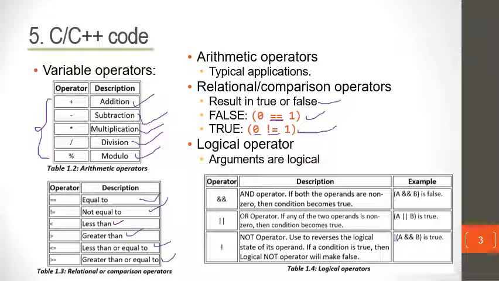Another type of operator is the logical operator. In this case, it's when one wants to merge two statements, which can either be false or true. We have the AND operator, the OR operator, and the NOT operator. So in this case, an example, we can say A and B is false.